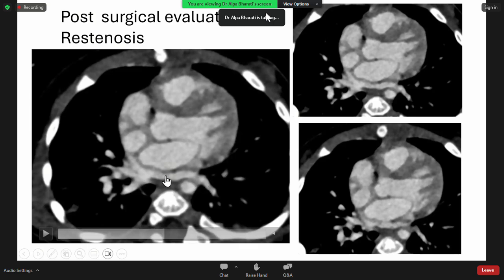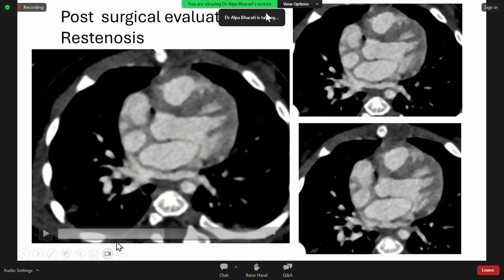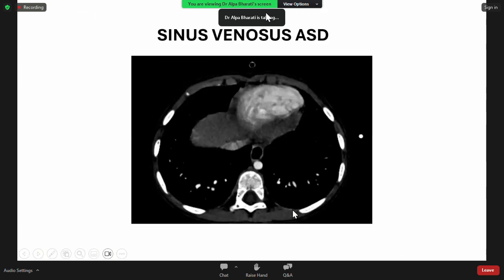That is why the presence of a common chamber becomes important. If there is pre-existing venous stenosis, small size veins, or a pre-existing common chamber which is small, then the prognosis has to be explained to the patient accordingly, because the chances that the patient will benefit from the surgery go down. Okay, so this is an example of post-op evaluation.